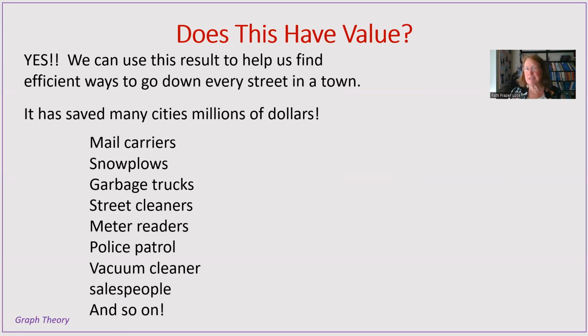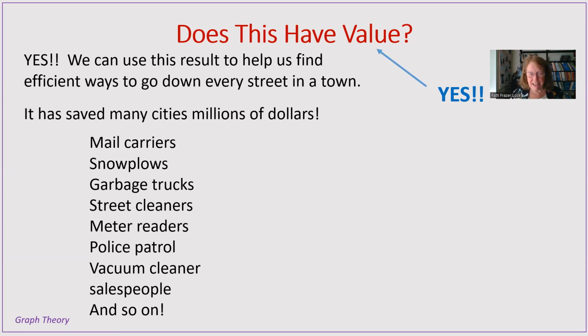There's a lot of different reasons you might have to walk down or drive down every street in a town. And if we can find ways to do that more efficiently, like trash pickup, for example, or street cleaners, it saves an absurd amount of money.